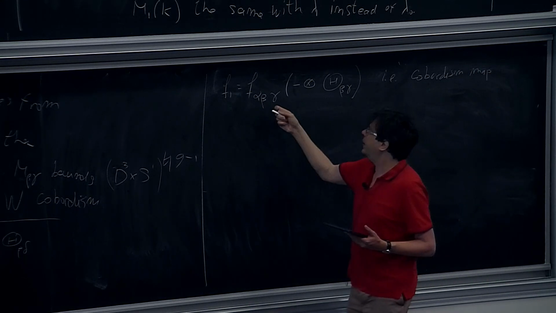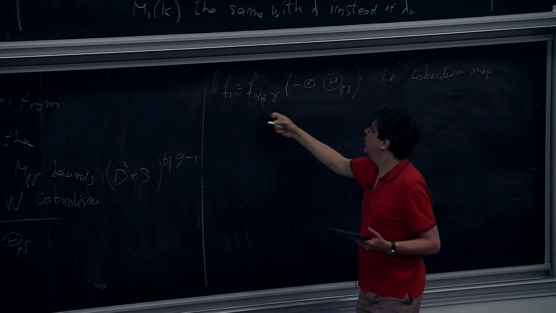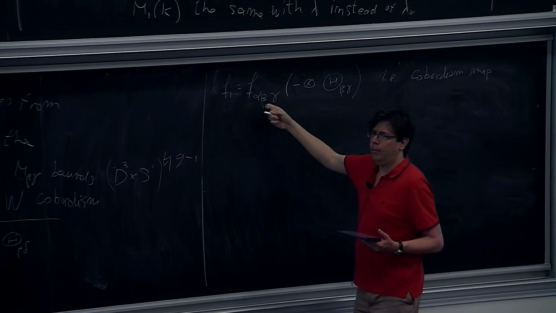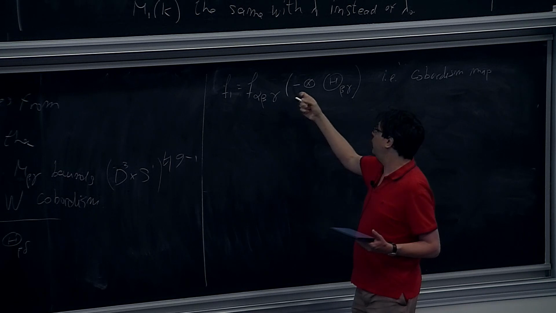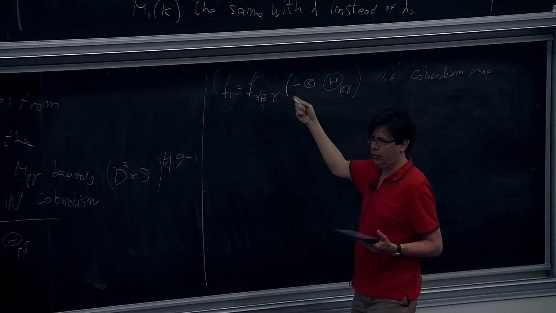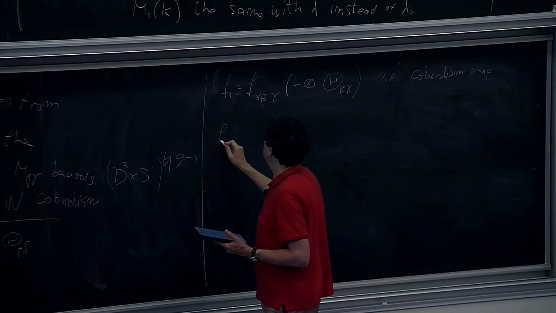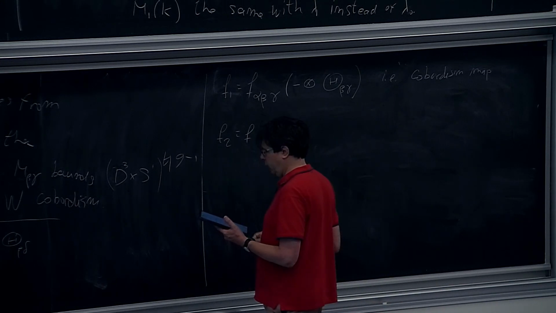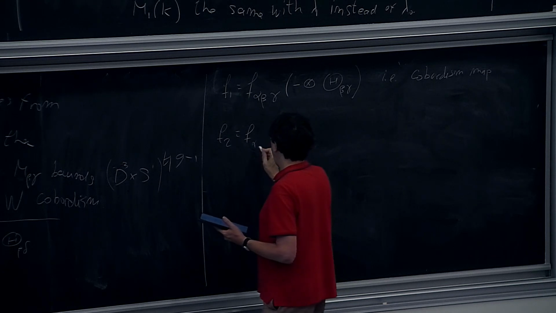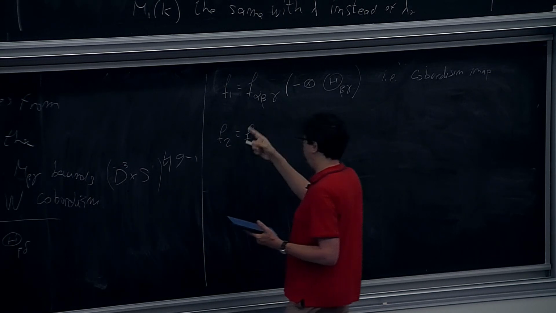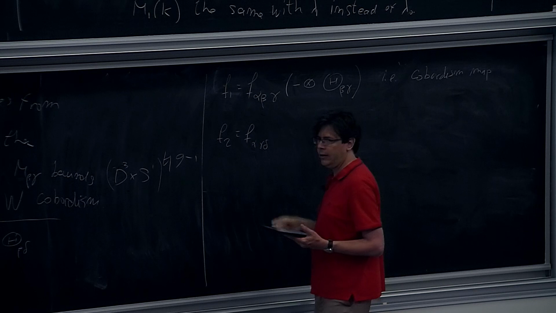F alpha beta gamma means that it's the triangle map defined in terms of the diagram alpha beta gamma, so what we have defined yesterday. Then F2 is equal to F alpha gamma delta, the triangle map for the diagram alpha gamma delta.